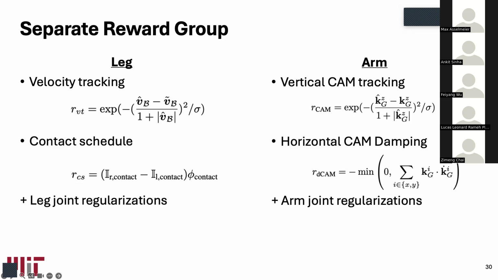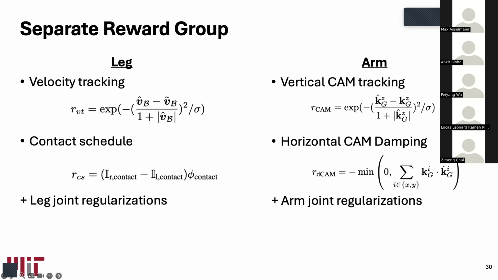Now the important part is separating the reward groups. We think that the leg's primary role is to keep stability for the locomotion and also follow the velocity command that we are giving. So we basically have the velocity tracking part, the contact schedule, and a bunch of regularization terms to keep them within the physical constraints.